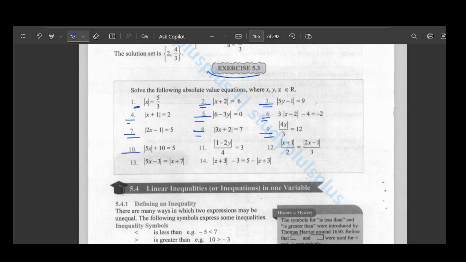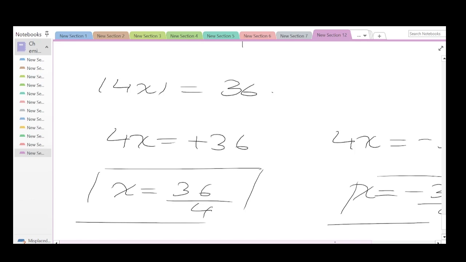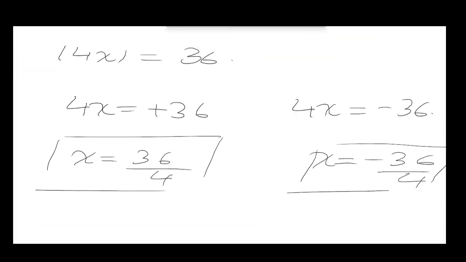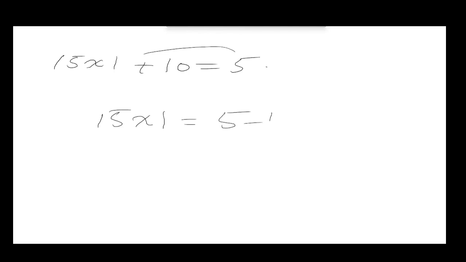Now in question number 10 we have the absolute value of 5x plus 10 is equal to 5. So let's attempt this question. Firstly, the absolute value of 5x is added with 10 to produce 5. So 10 will go to the right side. So now we have 5x inside the absolute value, and it is being subtracted from 10, that results in negative 5.